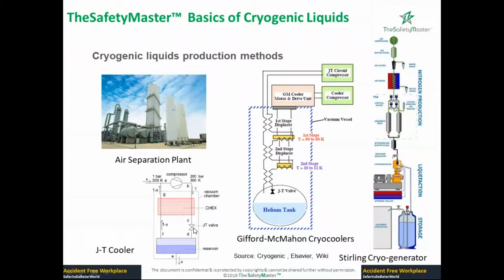JT is nothing but the Joule Thomson valve, where it will suddenly expand. So it is a constant enthalpy, irreversible process, and the temperature will drop, and then it forms liquid and vapor.